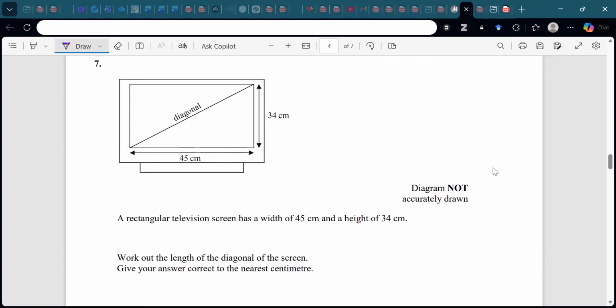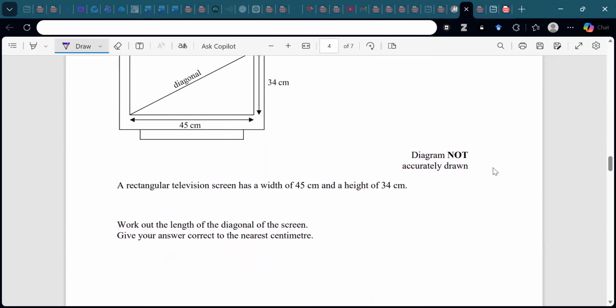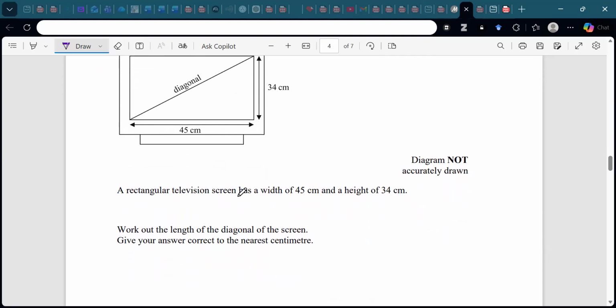Here we have a television set and we have the diagonal. It says it's a rectangular television. So even though we don't have a little box in the corner indicating that it's a right angle, the properties of a rectangle are such that we know that the opposite sides are parallel and equal, right?